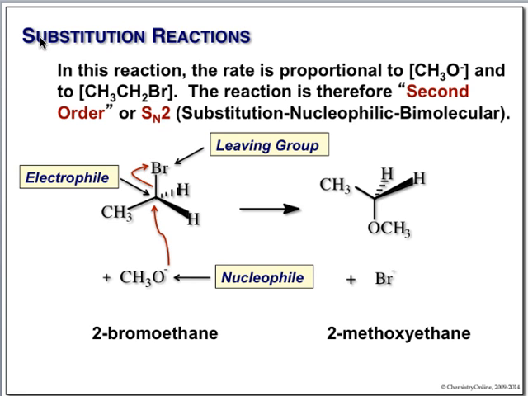If you have more of either of these, forming the transition state is more likely. Therefore, the rate is proportional to both this guy and to this guy. That's what we mean by simple second order. In physical chemistry, we will talk a lot about kinetics. But this is just a very simple second order reaction. Again, both of these are in the rate-limiting transition state, and that's why this is bimolecular.